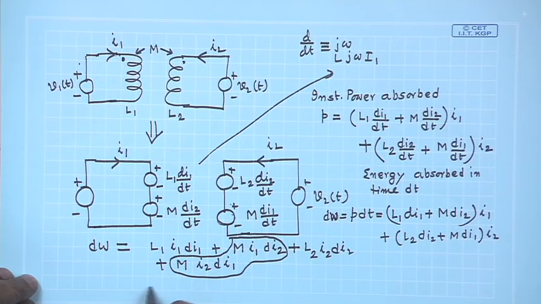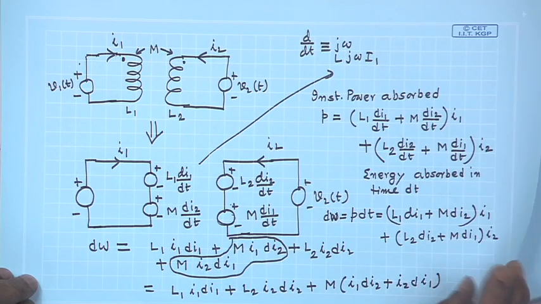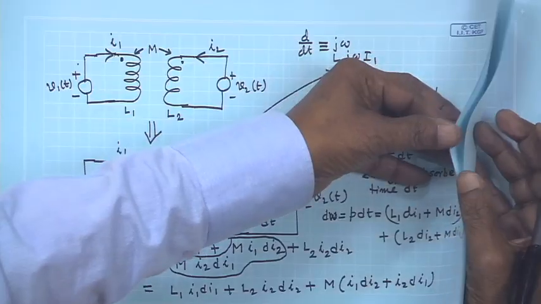can be grouped together. So, this is L1 I1 dI1 and then let me write the second last term first, that is L2 I2 dI2, and then this one is M (I1 dI2 plus I2 dI1), like this I can write.